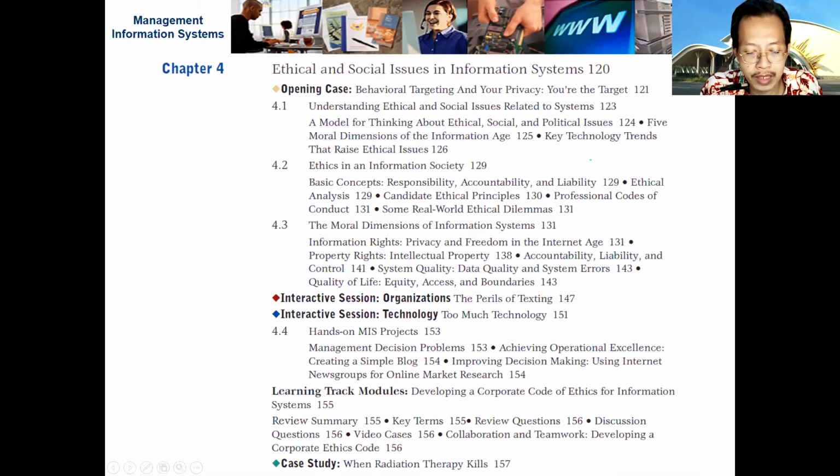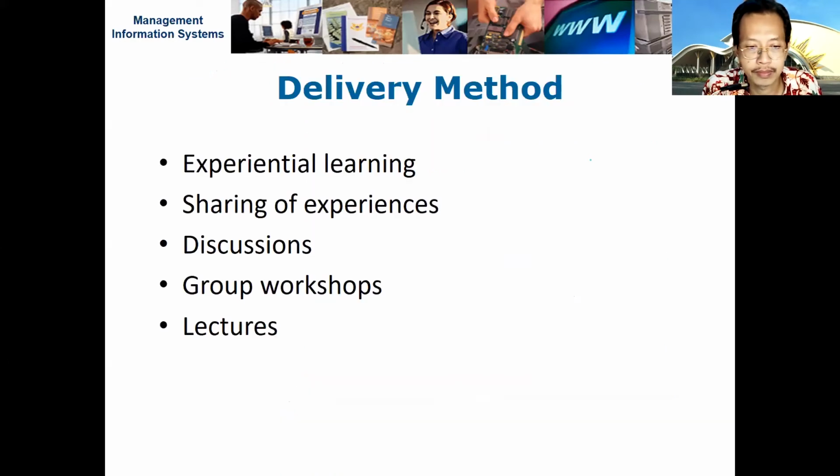We would also be using these case studies for our discussions. So the students would be divided into groups, and each group would be presenting a case study, and everyone would be discussing, asking questions, maybe giving comments on those case studies.